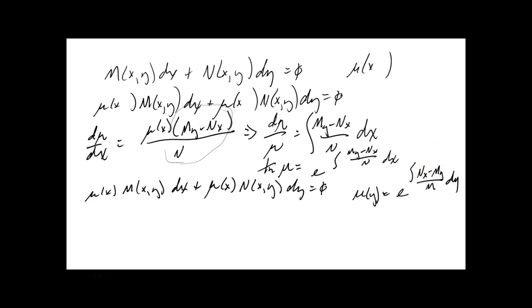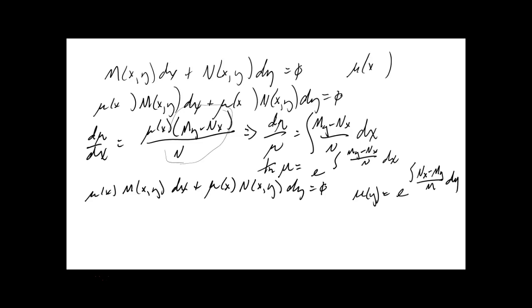And that's a function of y alone. So if it didn't work out that this was a function of x alone, then try this and see if that would be a function of y alone. And if it is, then you use that as your mu and proceed. And then it would be a y here and a y there. Okay. So that's what we're hoping is going to happen.